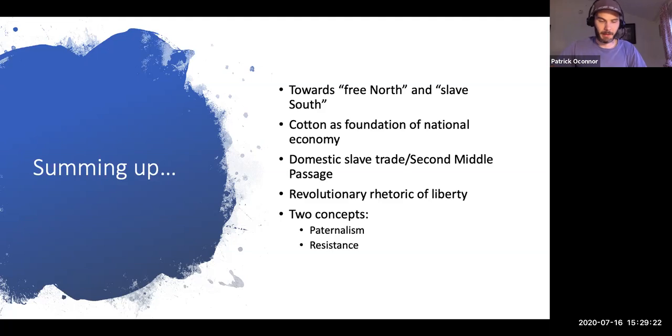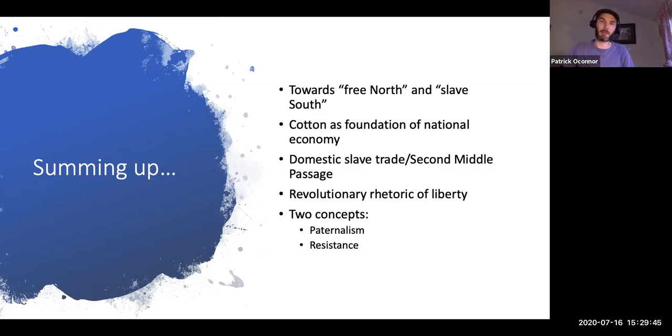Paternalism, and these are just going to help you get a sense of what life was like on the ground on plantations. So paternalism is a term that comes up a lot in slavery studies. What that means is that it's a way that enslavers portrayed themselves relative to their slave property.